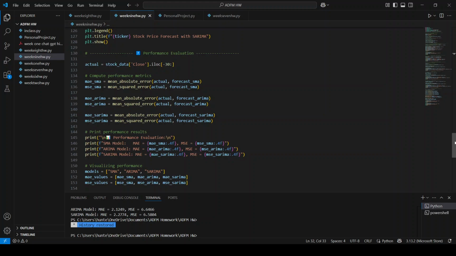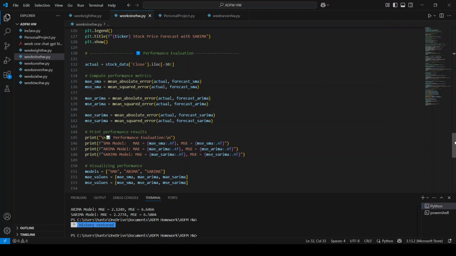135 through 142. This is computing performance metrics, the MAE, the mean absolute error.